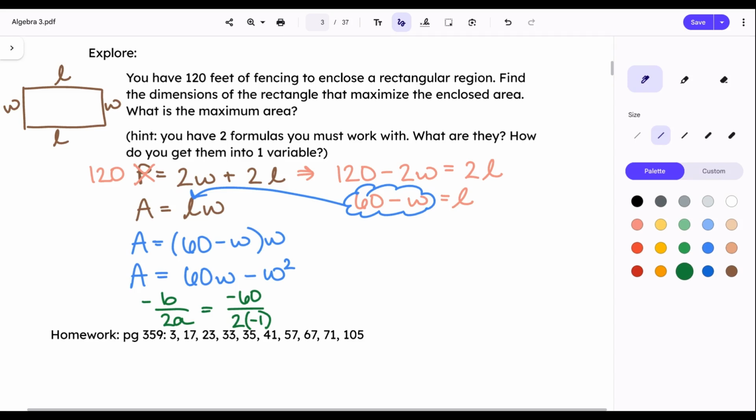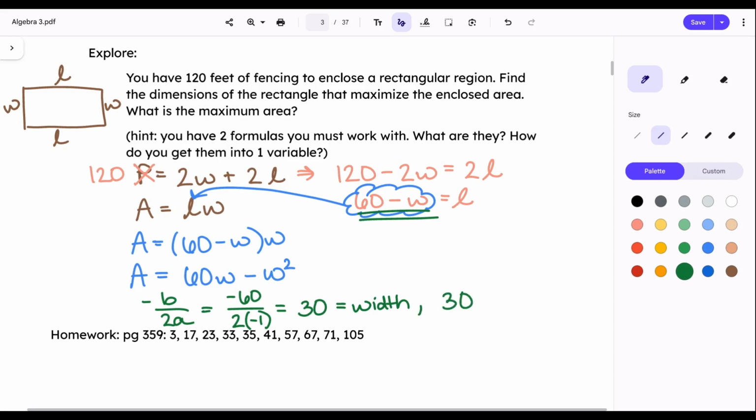What would this simplify to? 30. Good. That's going to be my W because that's going to be the X value of my vertex, which in this case would be my width. So my width is 30. I need to find my length. We said my length up here was represented like this, 60 minus the width. What would be 60 minus 30? 30.